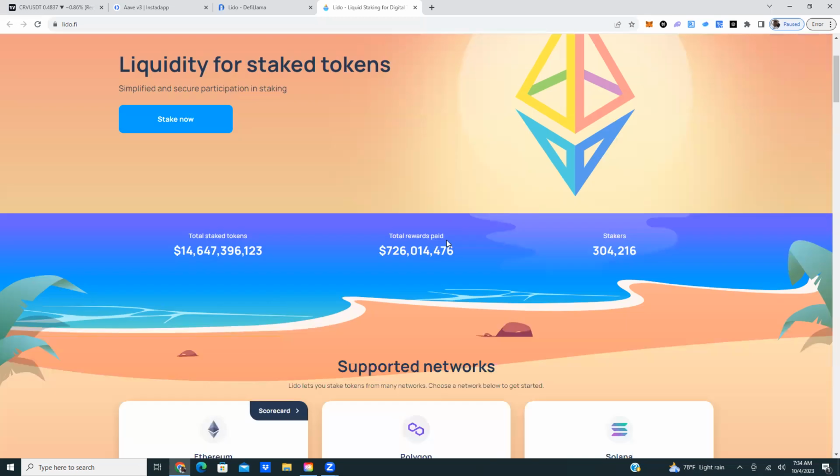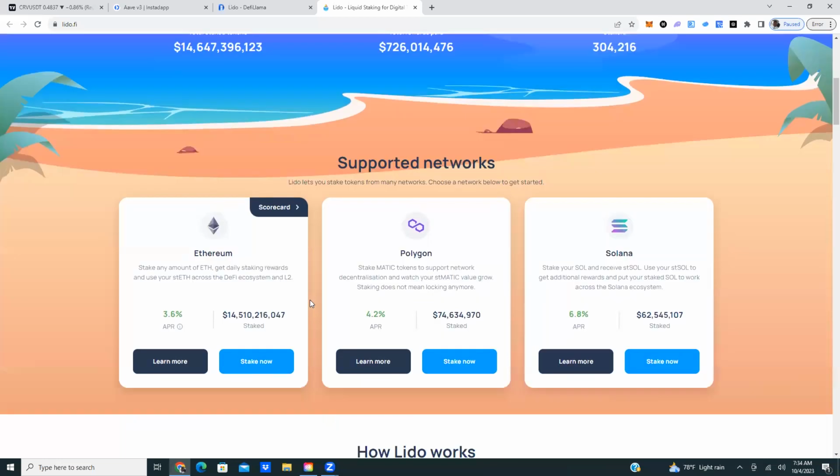So the total rewards paid so far from this platform have totaled almost $1 billion. They totaled $726,014,476. The current total staked right now is $14.6 billion. So check this out.